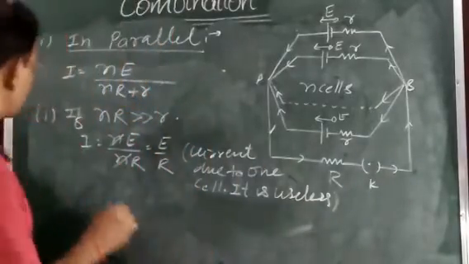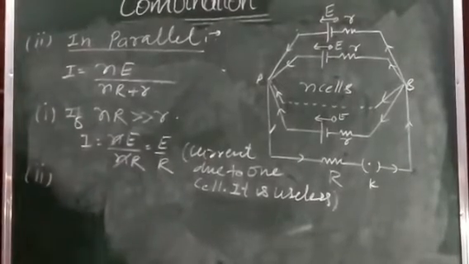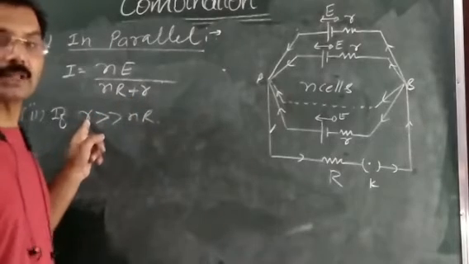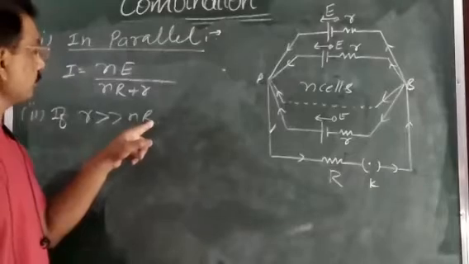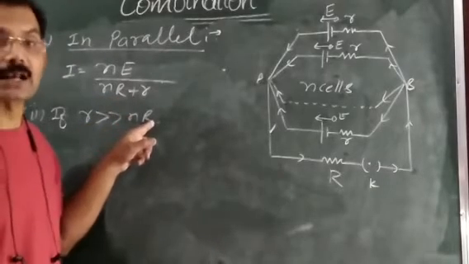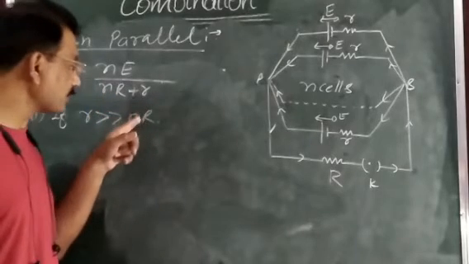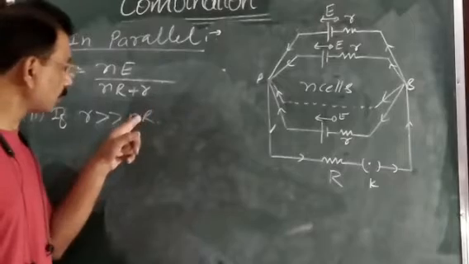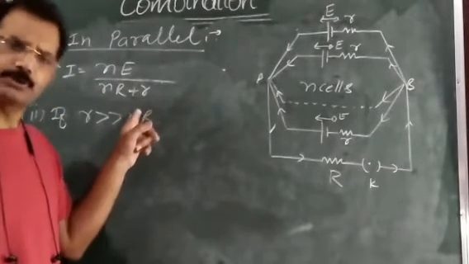What is the second possibility? If the internal resistance of the cell is very large compared to the external resistance capital R. Here, R is itself very large; we are taking this R as very small in comparison, so even with NR it will not be a very large quantity, it will remain small.